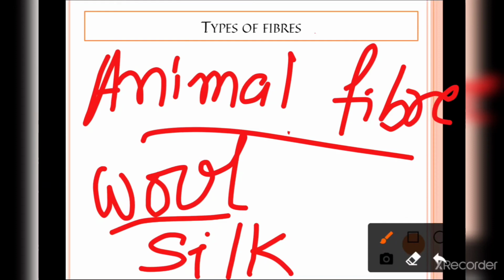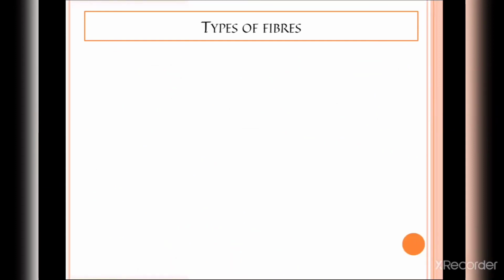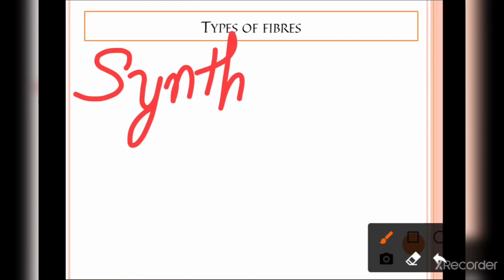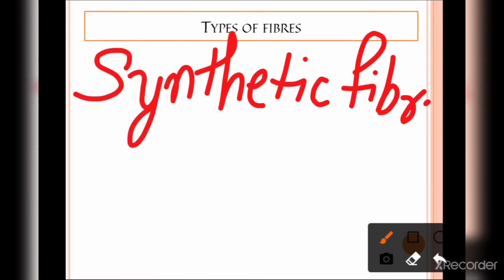Now moving to the next one, synthetic fiber. Synthetic fiber means man-made fiber. Now what are the examples of synthetic fiber?